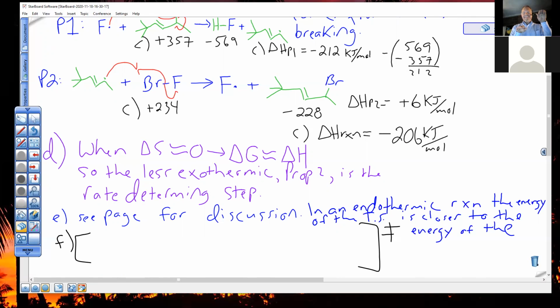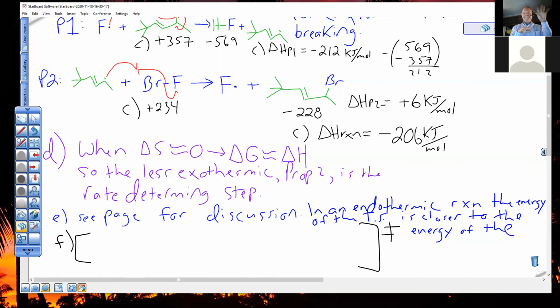The transition state's above both my hands, right? The transition state's the top of my head. Reactants or products is closer to the top of my head? Products, closer to the top of my head.